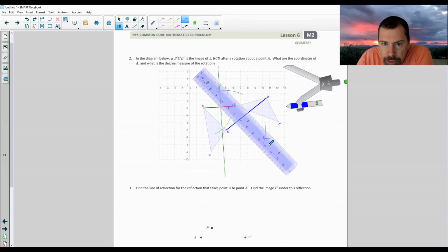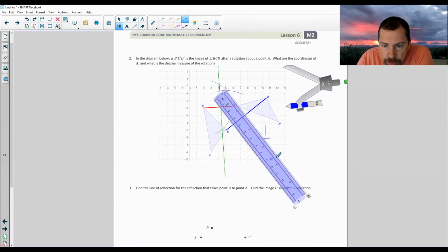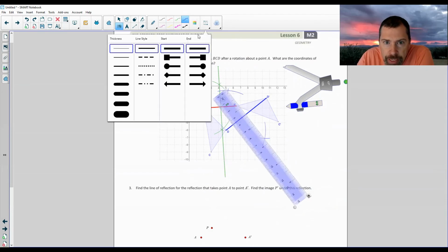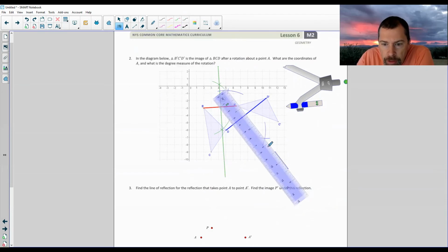So I see it's going to be up here. So I'm going to move my compass, or my ruler, I mean, over like so. Let me put 0 on this end so it rotates properly. Right there. And I will do a dash line. And I will draw it until I intersect.